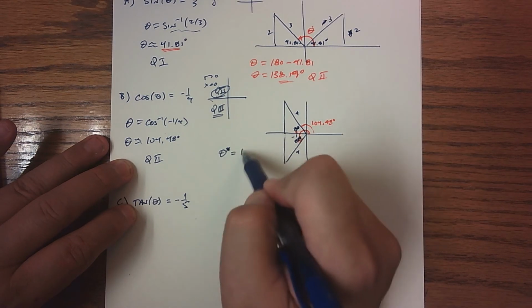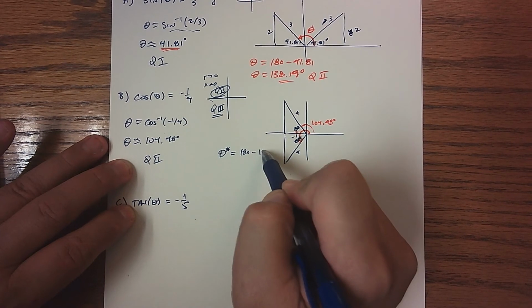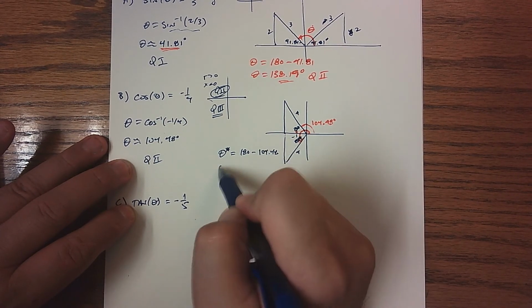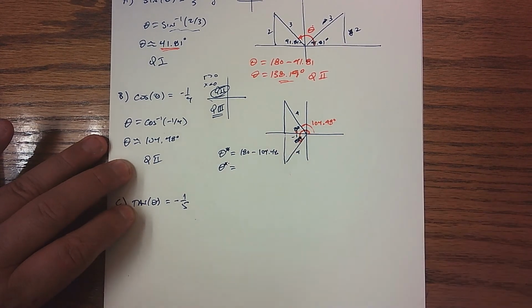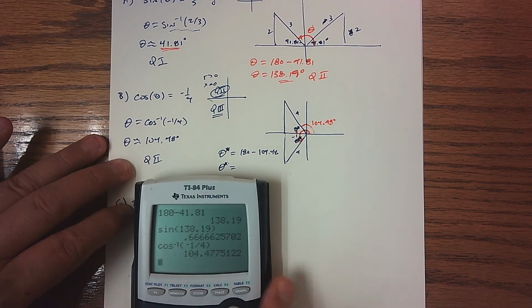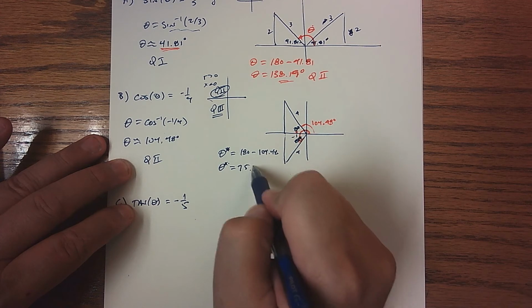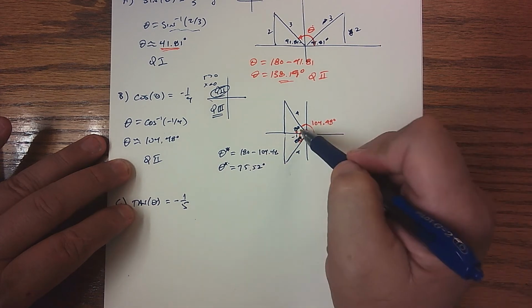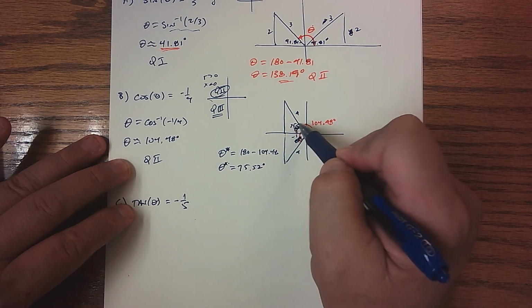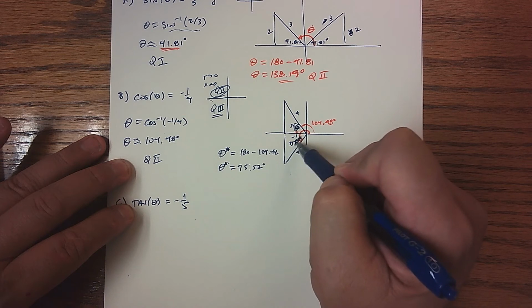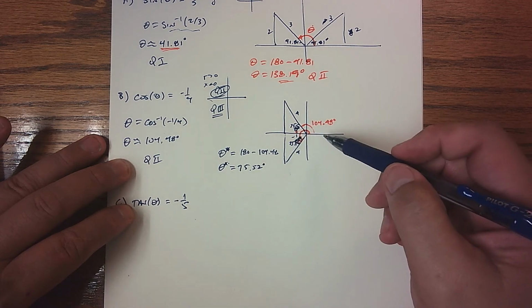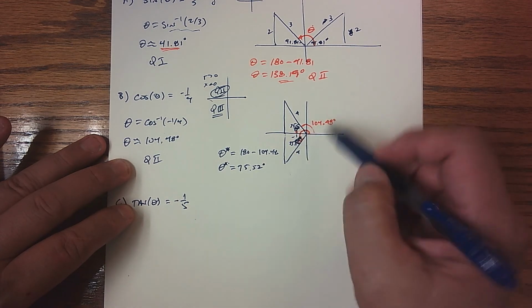So for my picture, this is 180 minus 104.48. So my reference angle, let me come over to the calculator, is 180 minus 104.48, giving us 75.52. Okay, so the reference angle is 75.52, and it's the same reference angle down there because it's the same triangle situation. So what's the angle that I have?